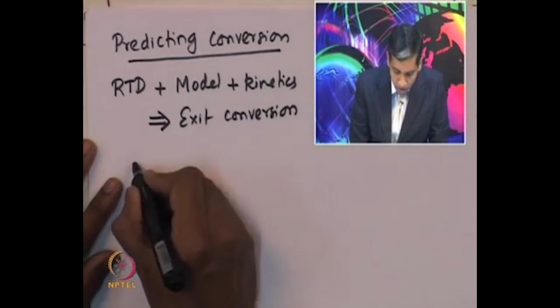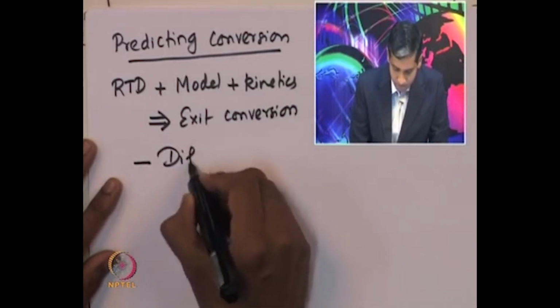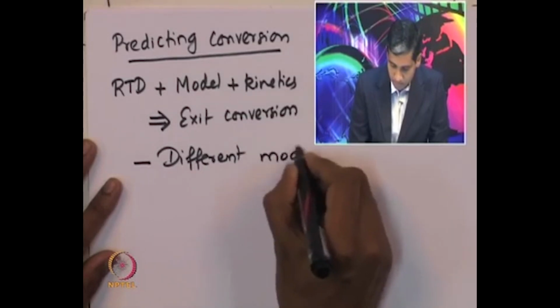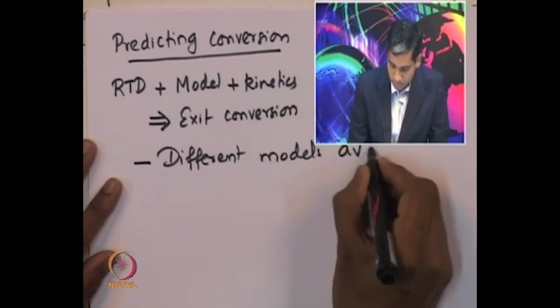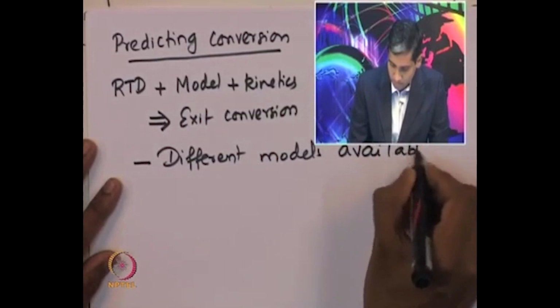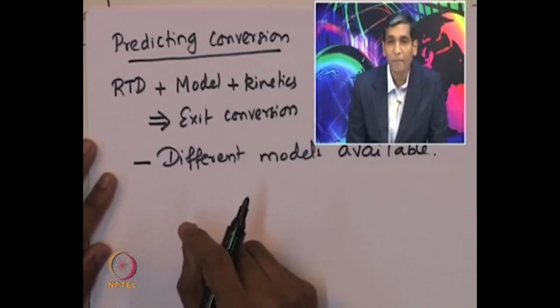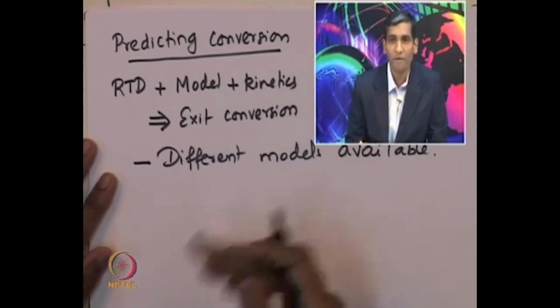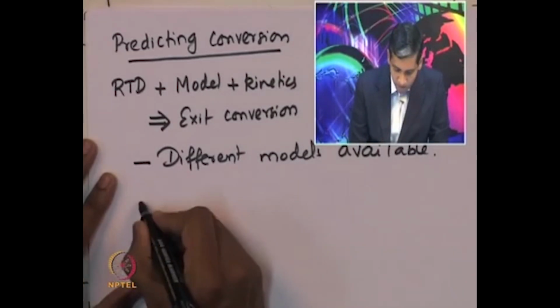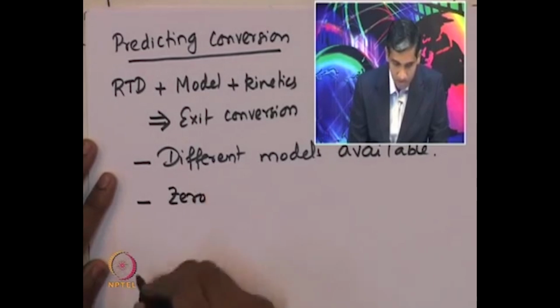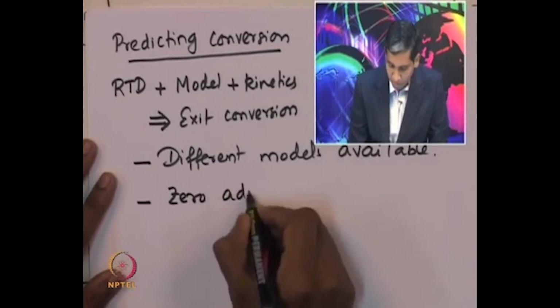So, there are different models which are available. In the next couple of lectures, we are going to look at a couple of these models, and other models will be dealt with in some future lectures. First we are going to look at the zero adjustable parameter models.